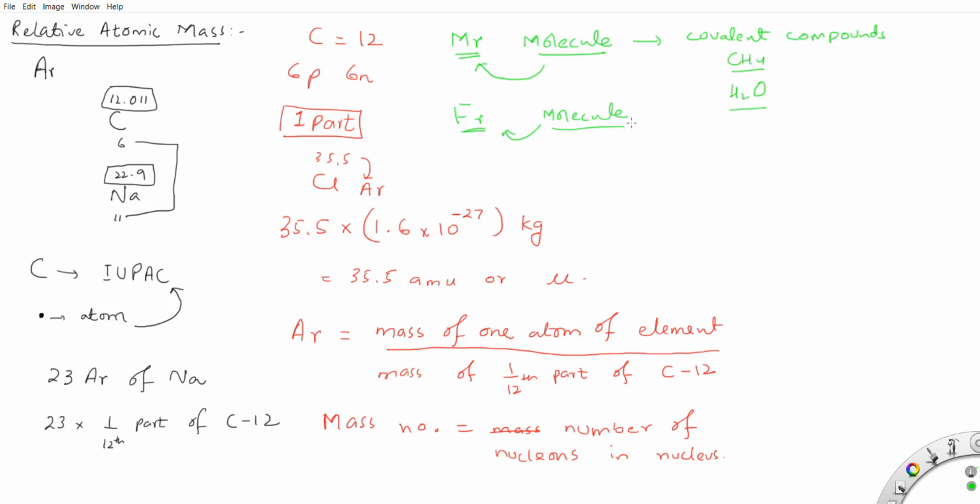However, if you are working with ionic compounds such as NaCl or KCl or MgO, these are not molecules since they are ionic compounds, so they are basically formula units. So we get a formula mass or relative formula mass here. How would we calculate that? I'll come to that.